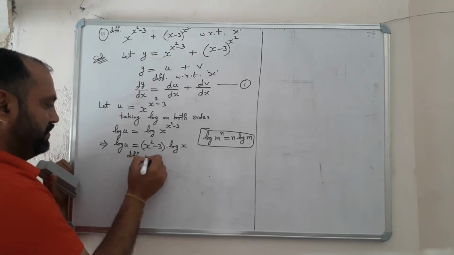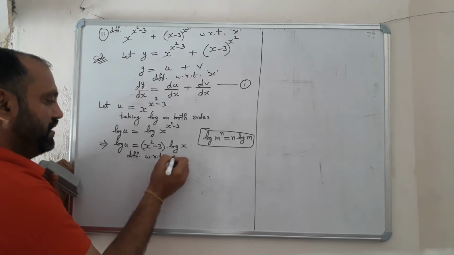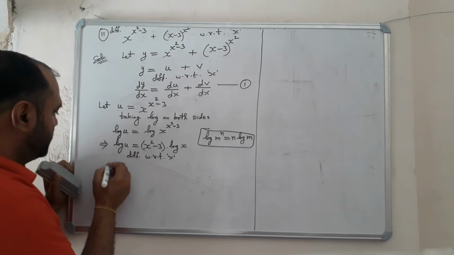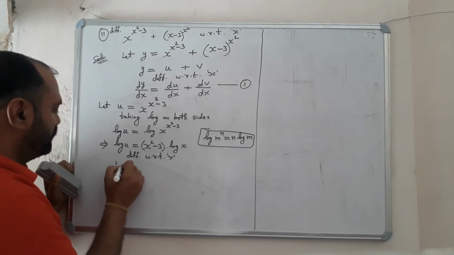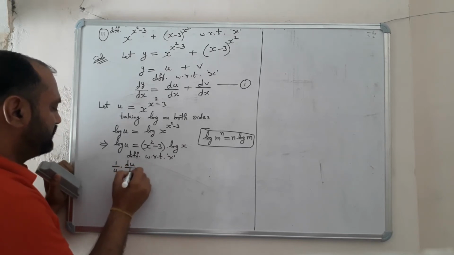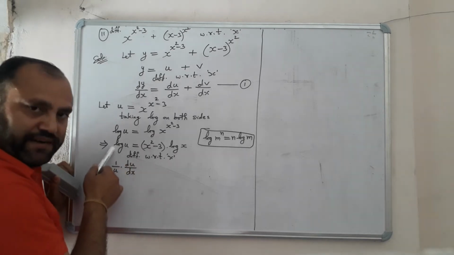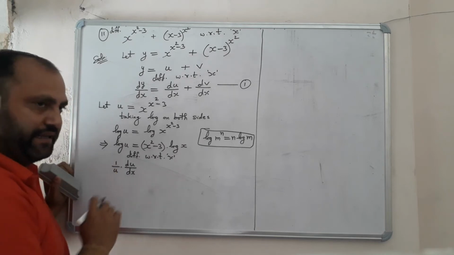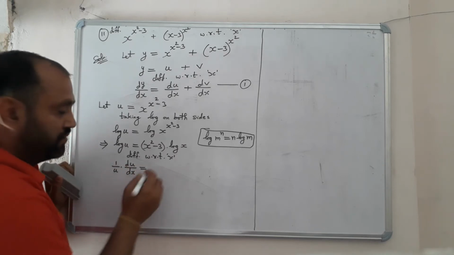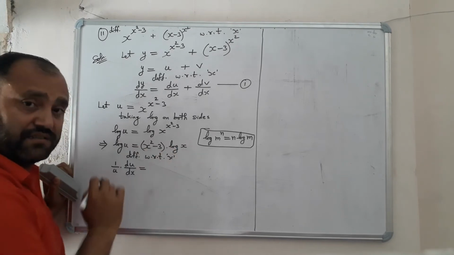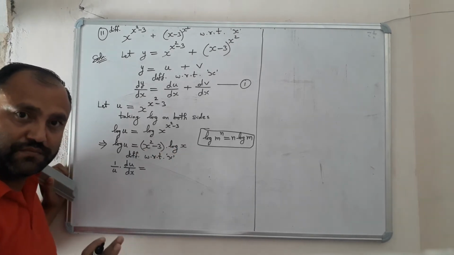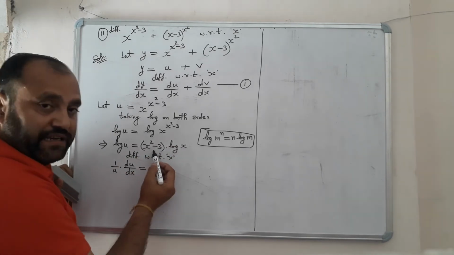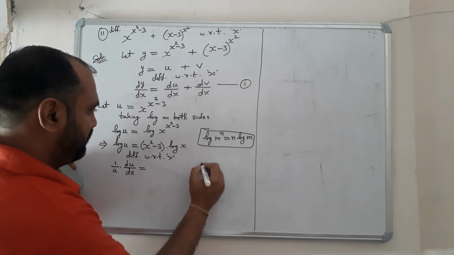So now differentiate with respect to x. When you differentiate both sides with respect to x, we get 1 upon u into du upon dx, because the derivative of log u is 1 upon u into du upon dx, which is equal to, now how to differentiate this? As you know, this is the product of two functions. So we can use product rule. So what is the product rule?